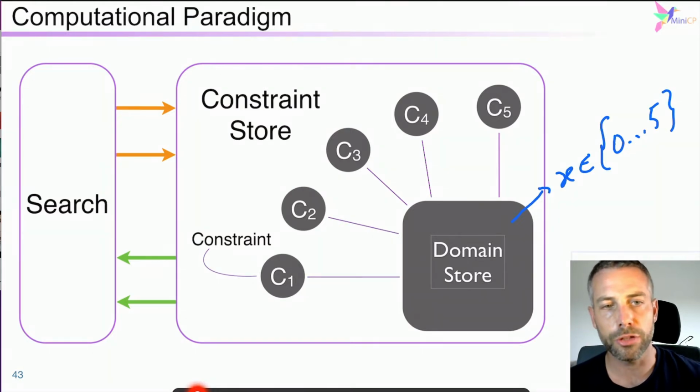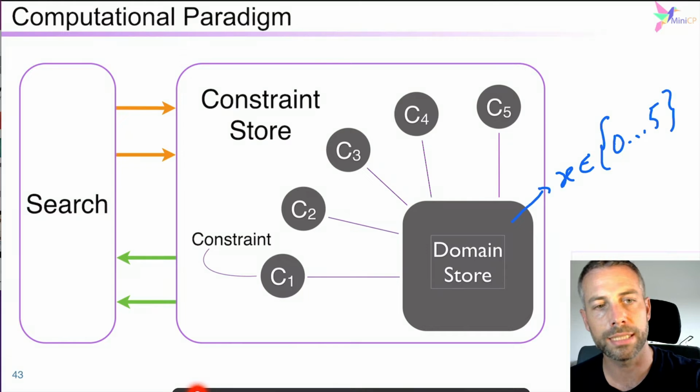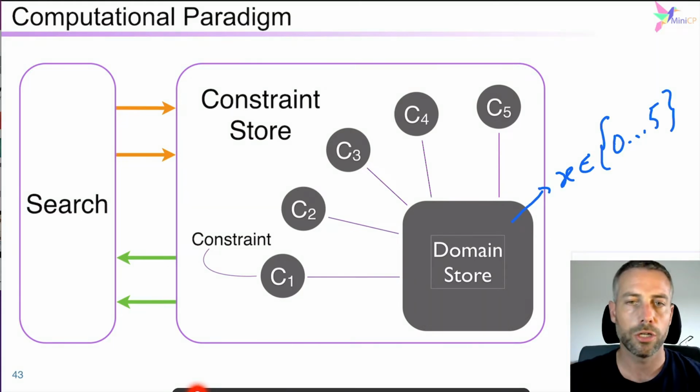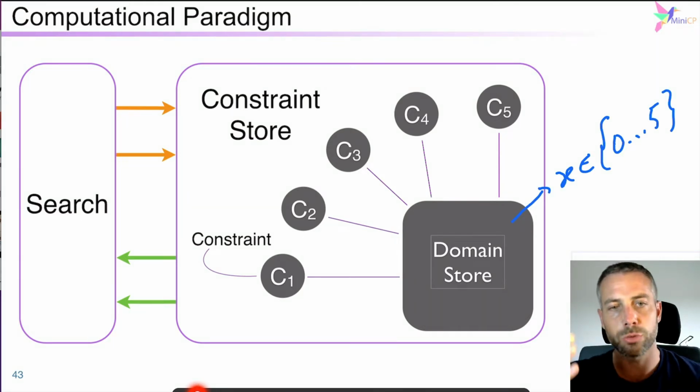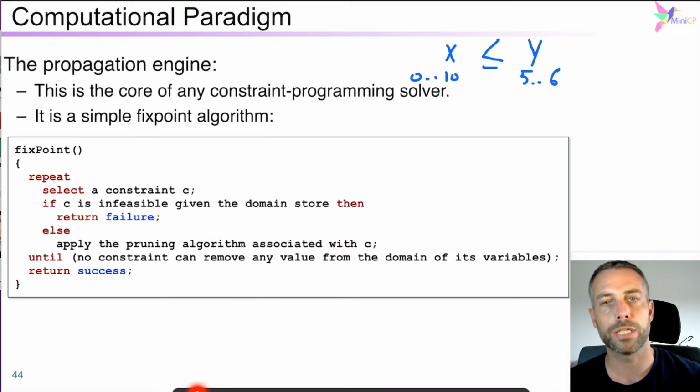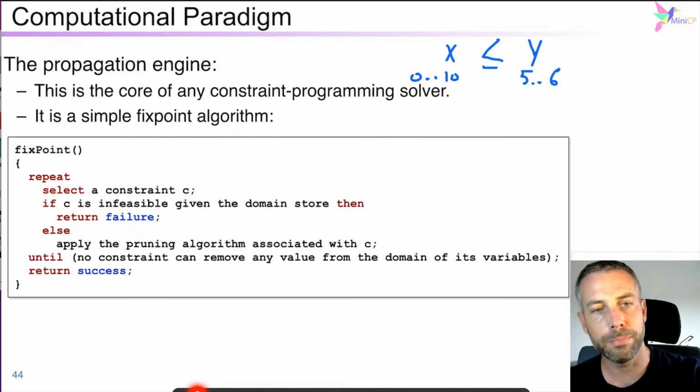If it's not the case, if one constraint detects a failure, then you need to backtrack to a previous state and try a different value for one of the variables that you have tried. So what we mean by pruning algorithm is removing impossible values.